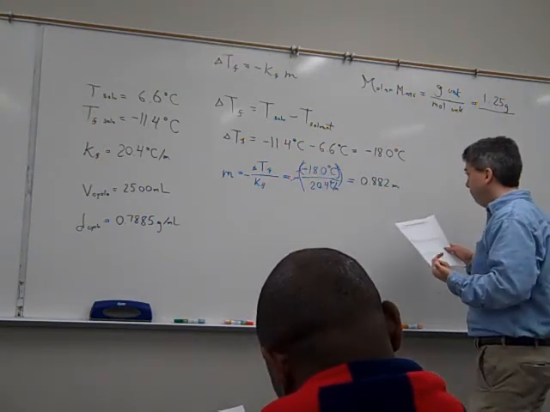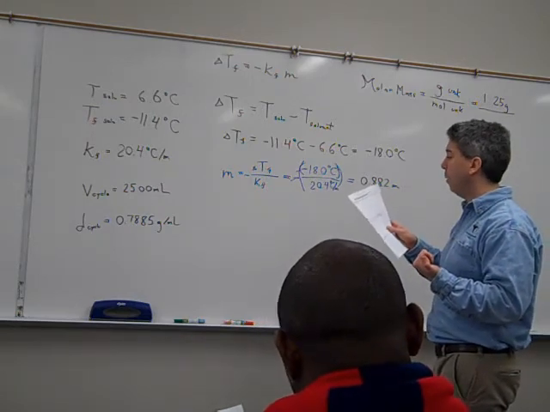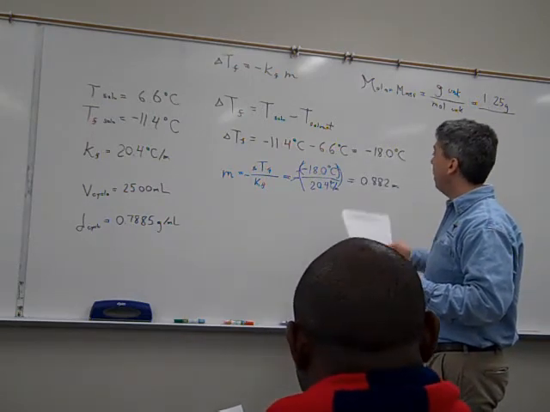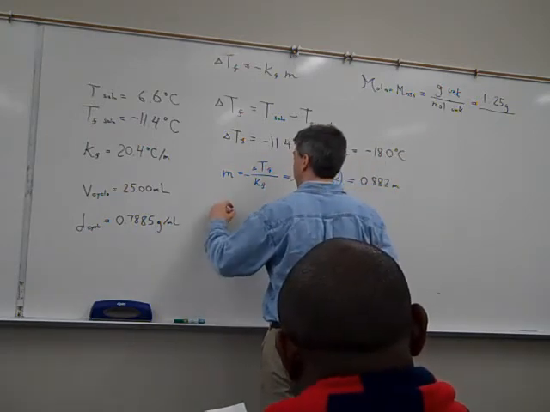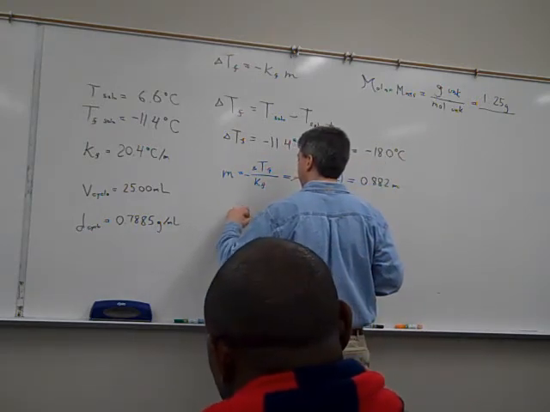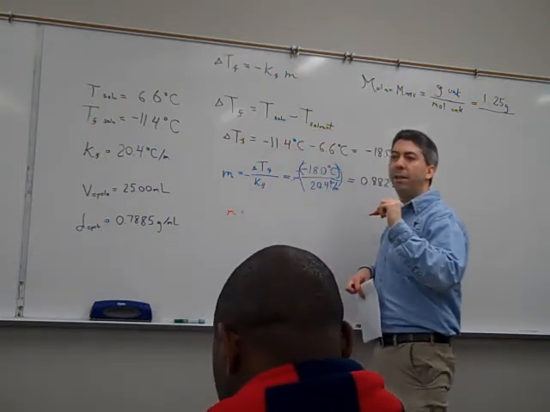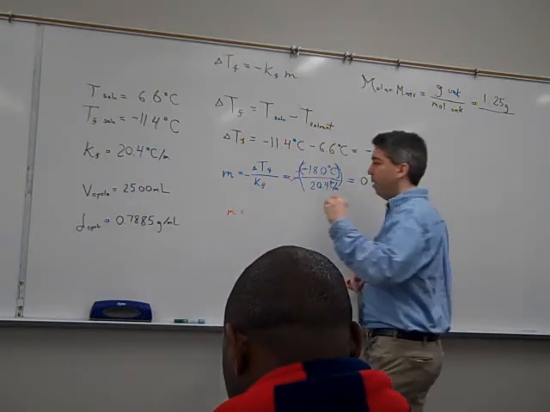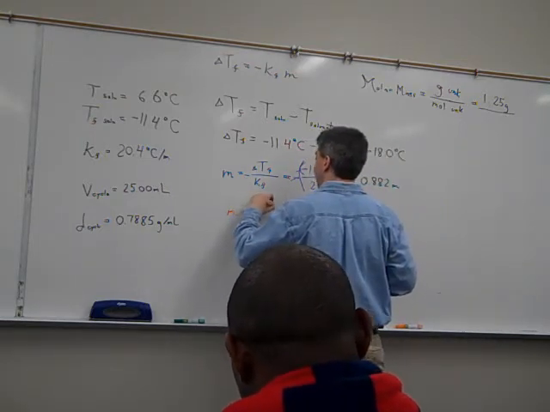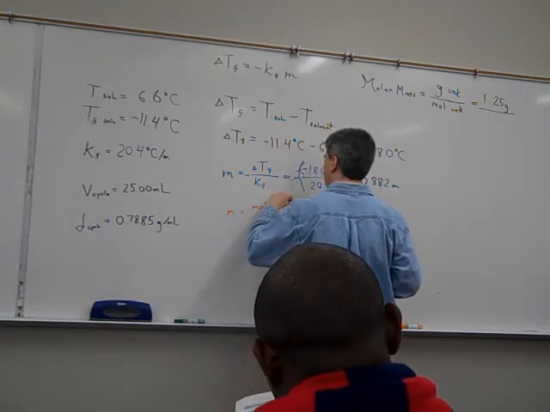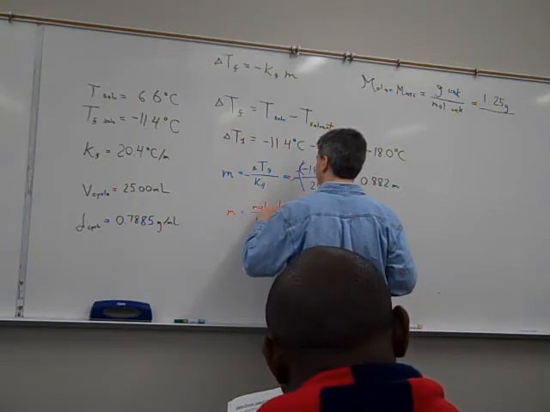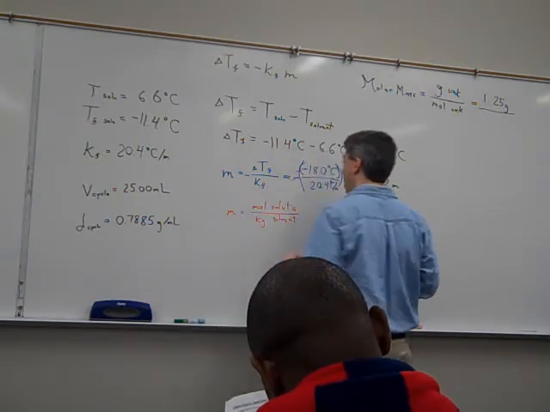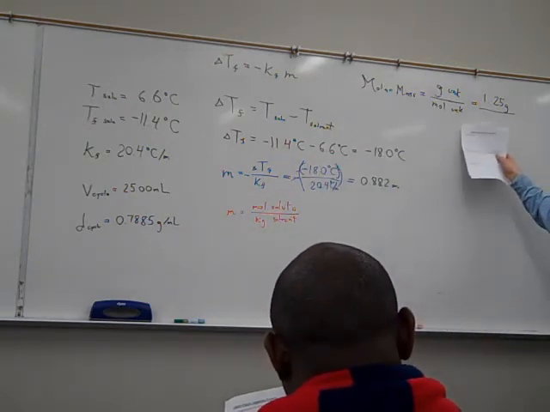All right, so now we have molality, and remember what molality is? Yeah, moles of solute over kilograms of solvent, right? And to solve for the molar mass, what do we need?